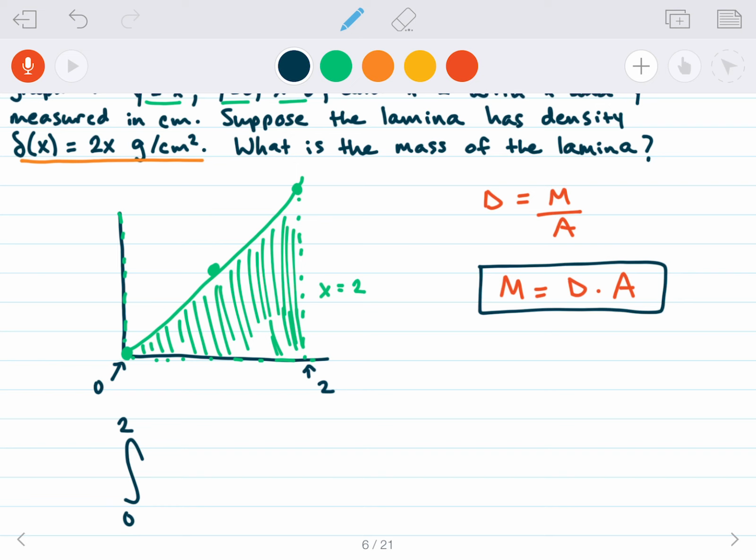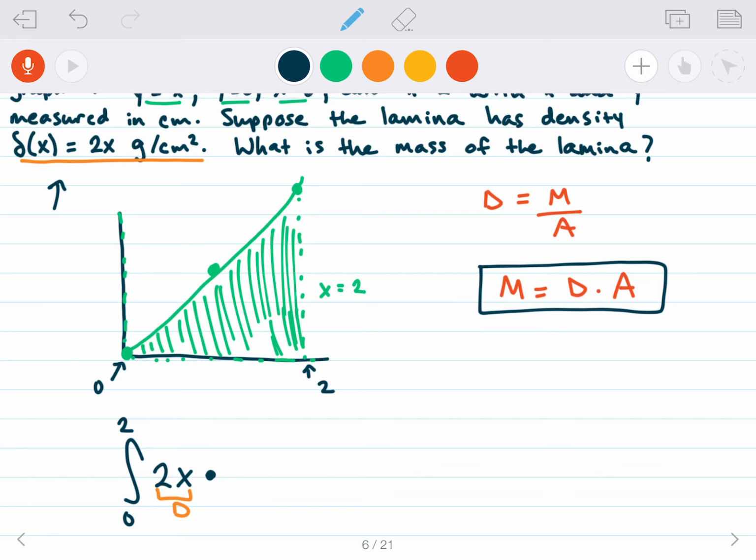So I take the density function, which is 2x, which we're given up here. Density times the area. What's the area under this curve?